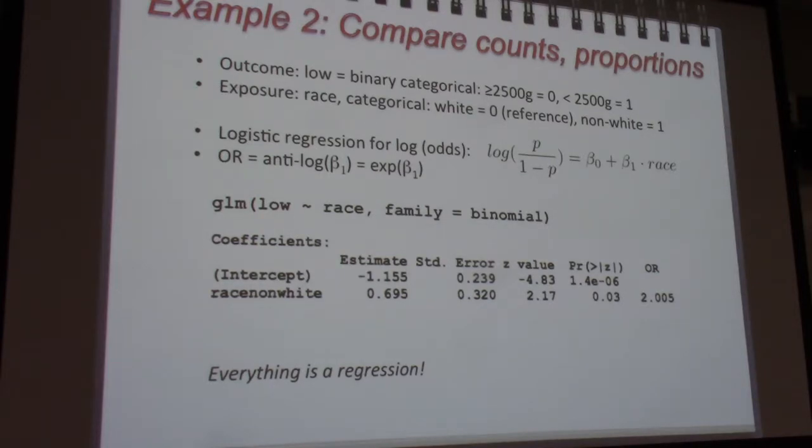So what does that mean? A logistic regression is shown here. The right-hand side is the same linear predictor we just saw. So beta 1 measures the impact of going from white to non-white race. The difference is that the left-hand side is now the log of the odds. That's the definition of a logistic regression. So this is called the log odds or the logit of p, where p is the probability of low birth weight.